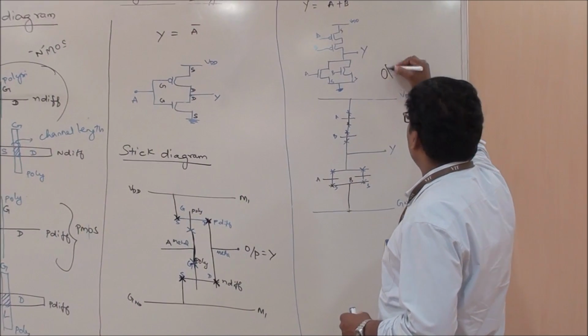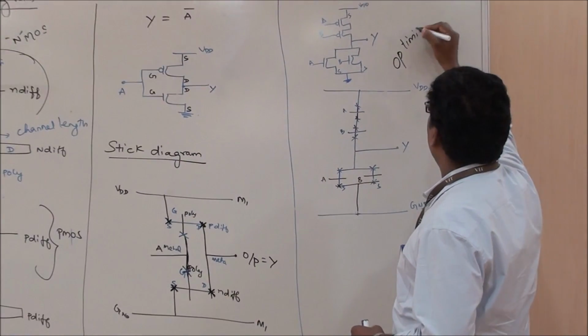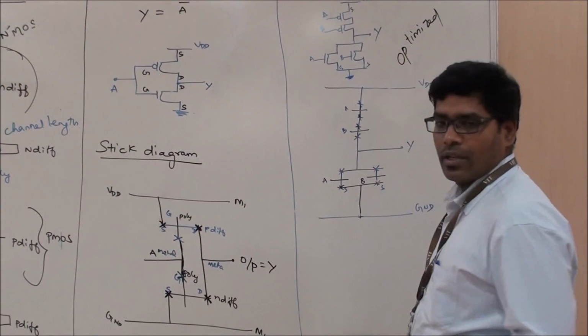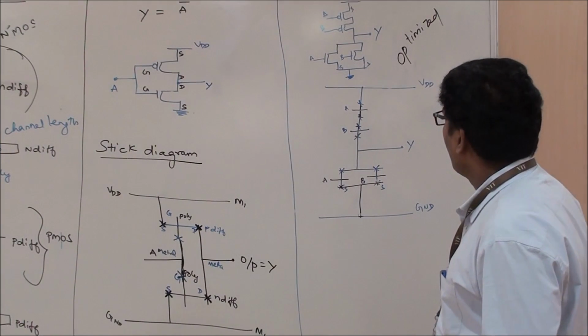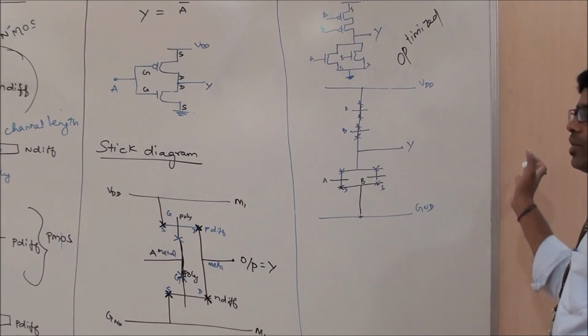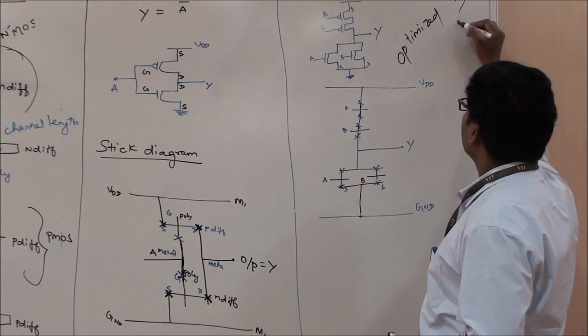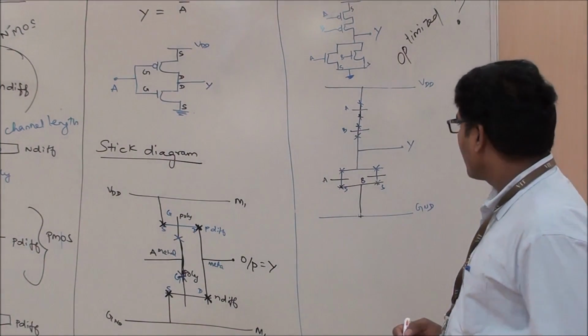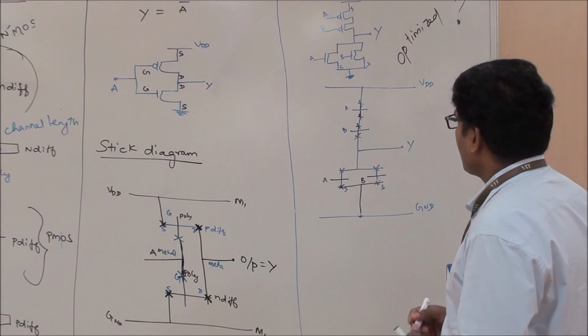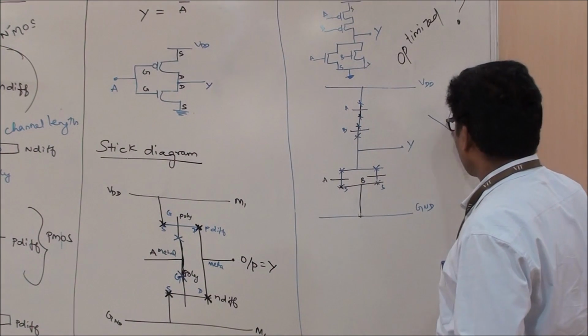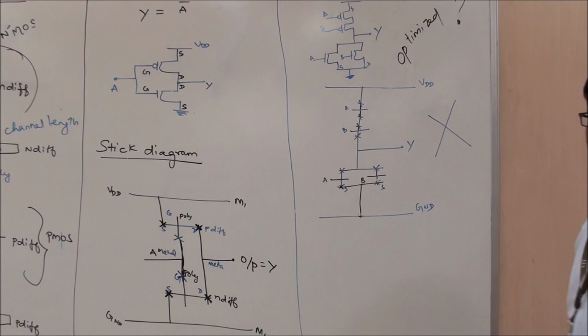If we put the question whether this stick diagram, which eventually is being converted to a layout, is going to be an optimized one, then definitely this particular stick diagram, whatever you have drawn, is not effective by all means.